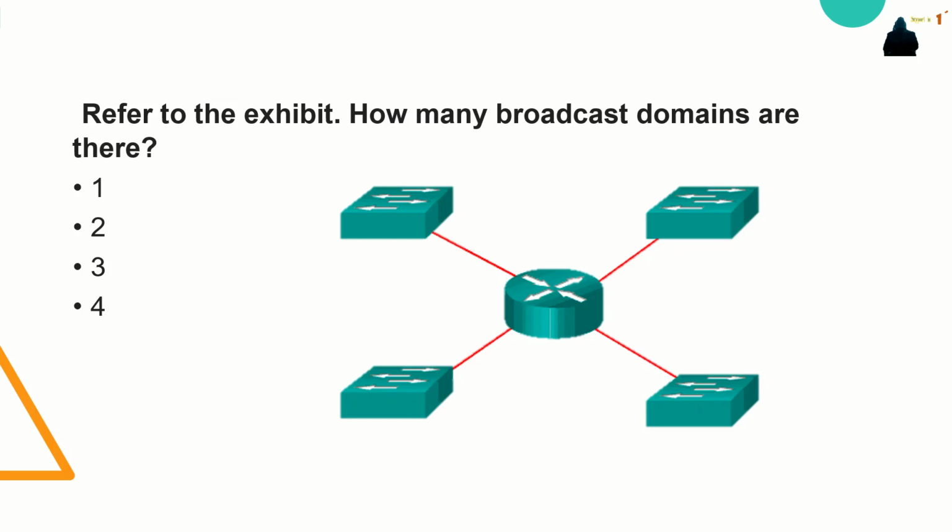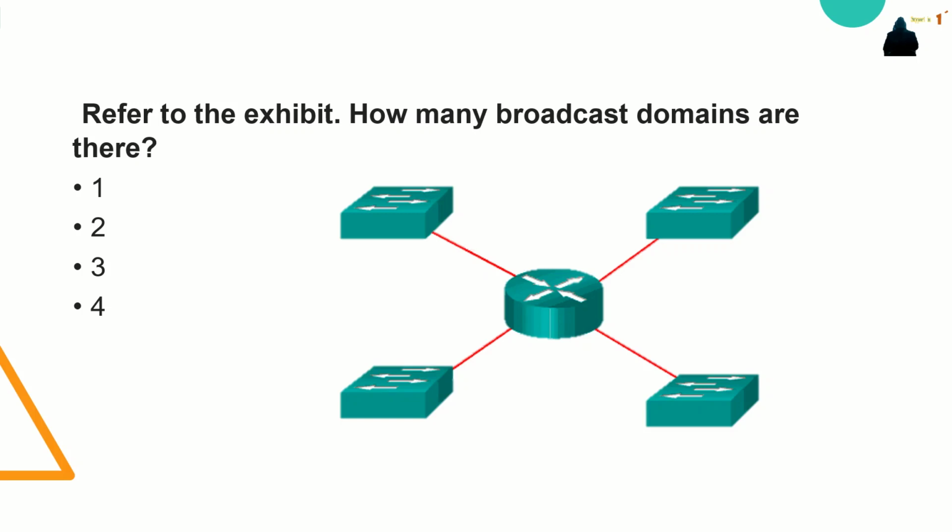Refer to the exhibit, how many broadcast domains are there? If you remember, a router is used to route traffic between different networks. How many networks do we have here? Broadcast traffic is not permitted to cross the router and therefore will be contained within the respective subnet where it originates.